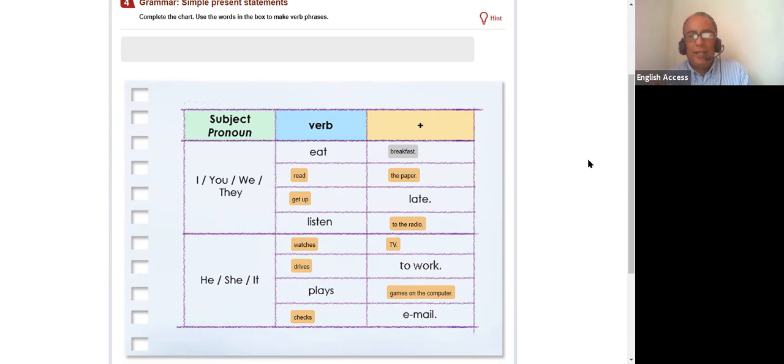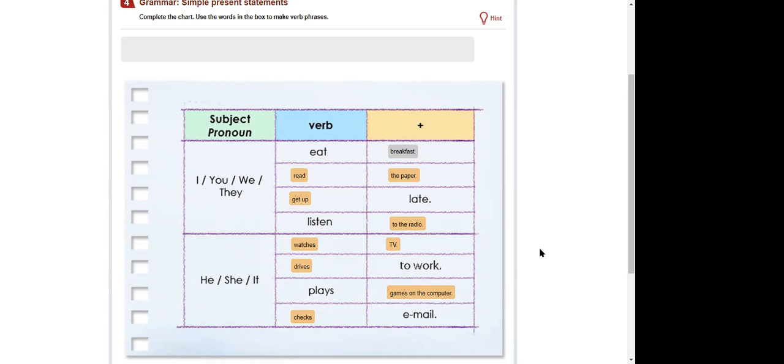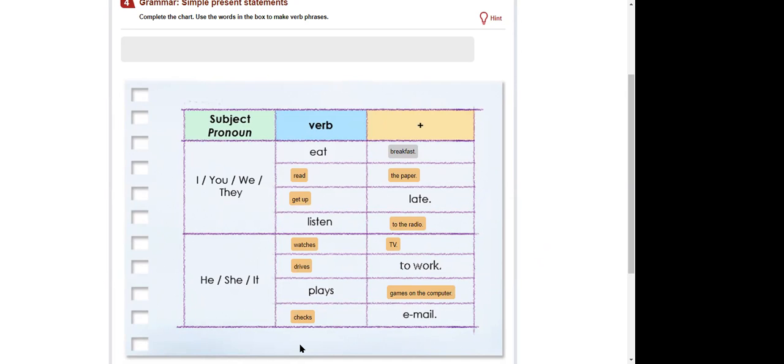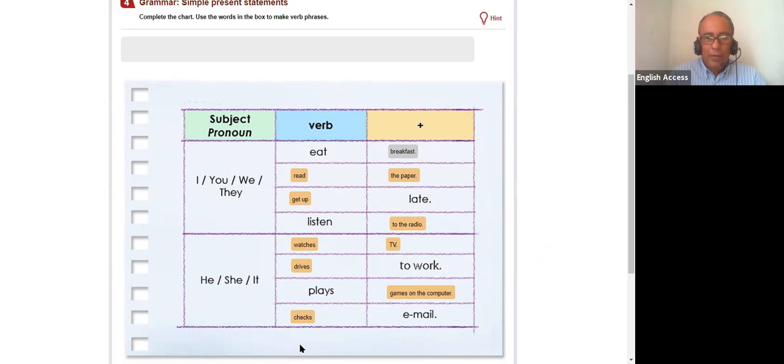With play, number 3, this one. He plays games on the computer. Exactly. And now using he also, but Fatima, he checks email. Very good.